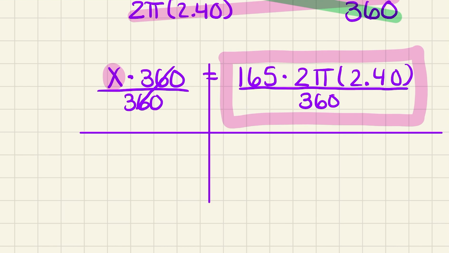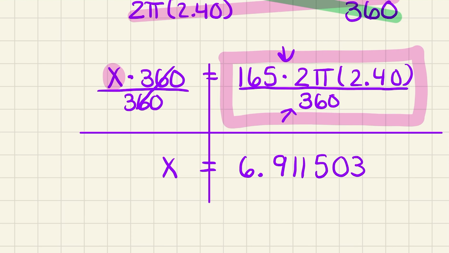So that button next to the 9 on your calculator is something that you really want to take advantage of because it's going to give you a fraction key. So use that fraction key, use that button, enter that in exactly how you see it with this part on the top and this part on the bottom, and you should end up with x is equal to 6.911503.